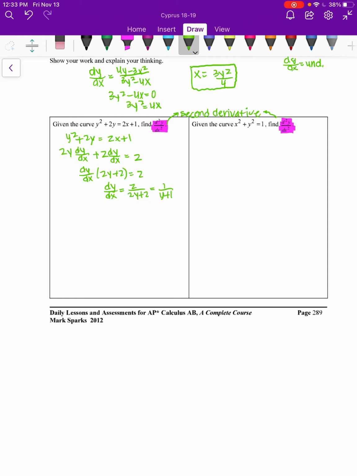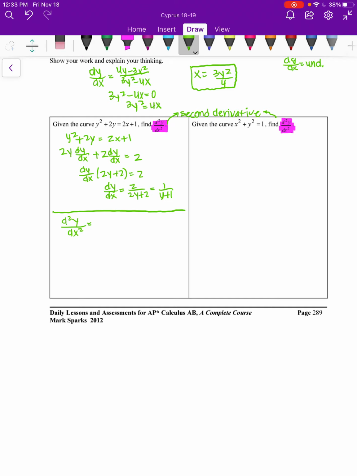Okay. I'm going to kind of draw a line here now. That was our first derivative. Now let's find our second derivative. So d squared y over dx squared, which is the derivative of dy/dx. We're going to have to use our quotient rule here.